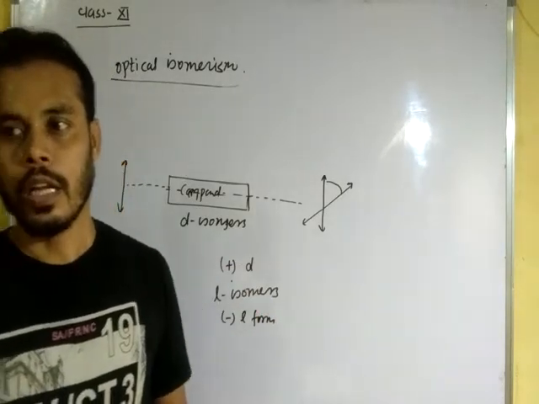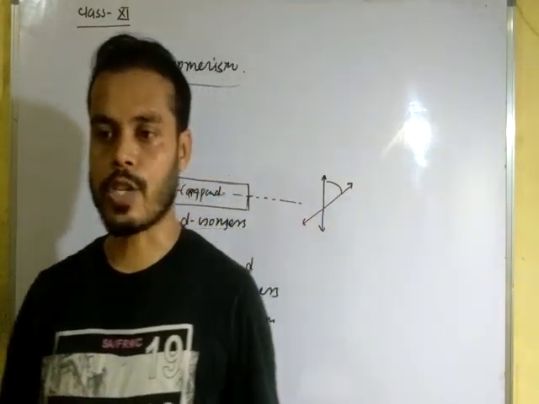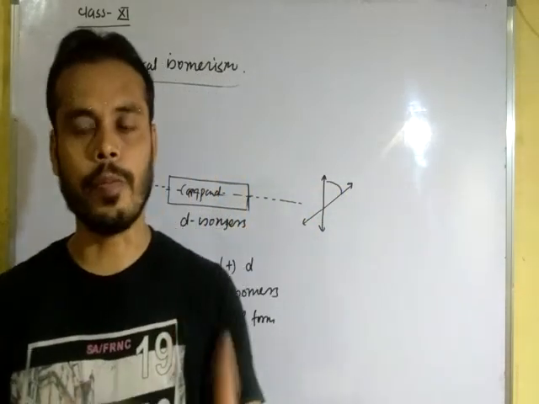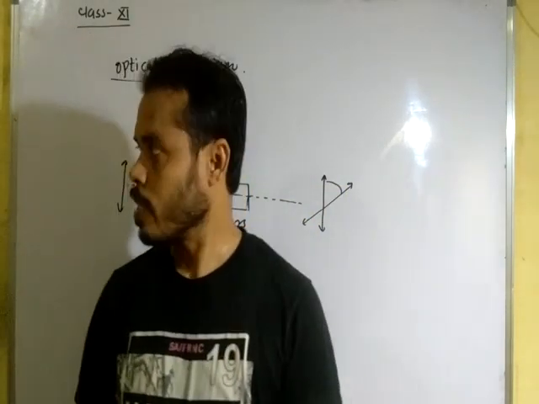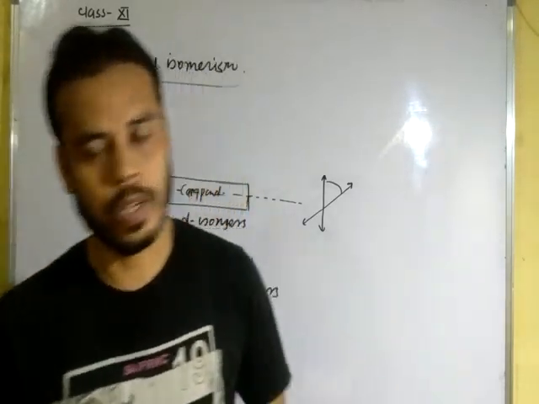Okay, dear student, levo means anti-clockwise direction, dextro means clockwise direction. In the next video we will discuss the racemic mixture, DL mixture and racemization also. Okay, thank you, all the best.